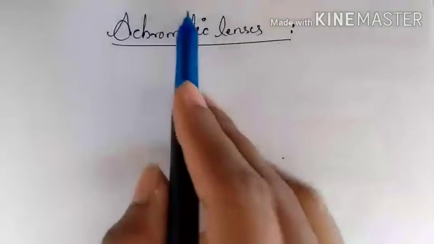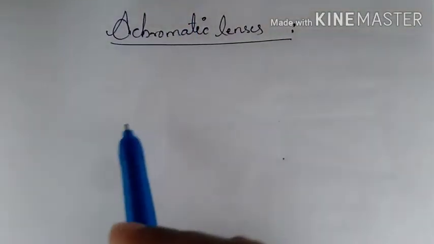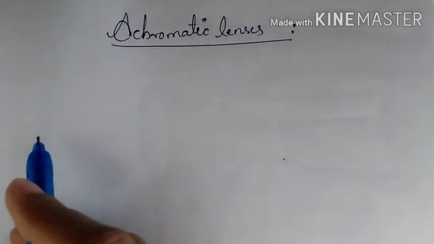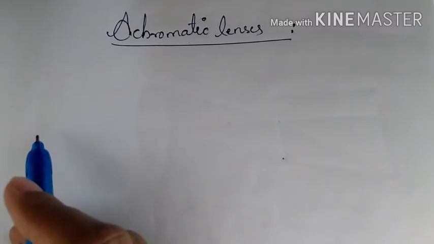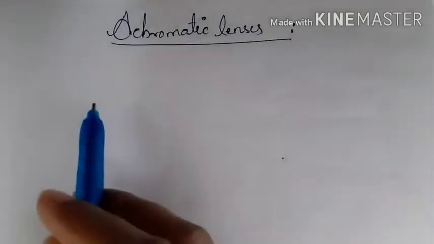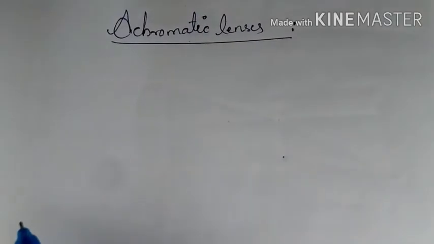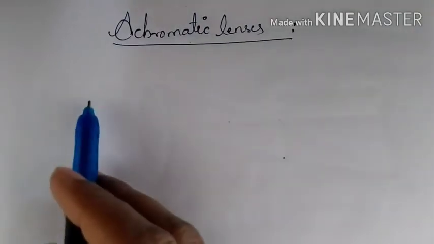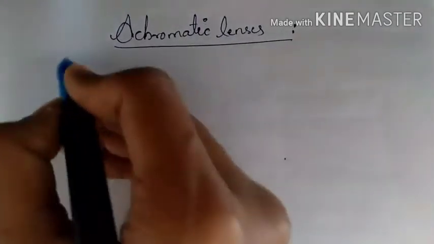Chromatic aberration can be eliminated with the help of achromatic lenses. A combination of 2 or more lenses of different materials can minimize the chromatic aberration formed by the lens. Such a combination of 2 lenses is called an achromatic combination.